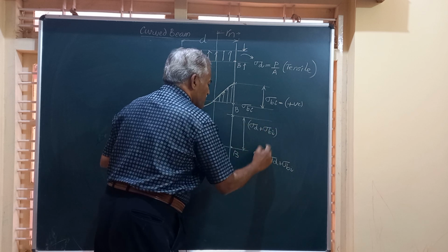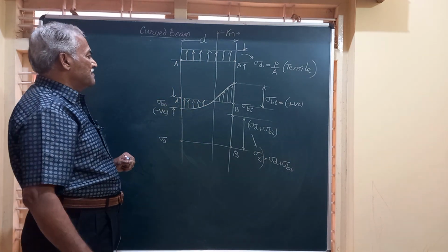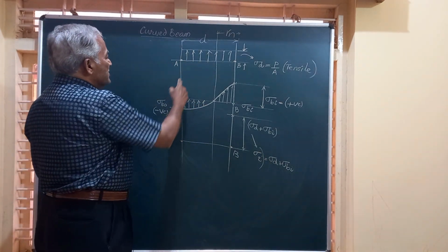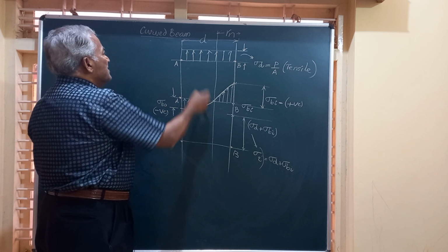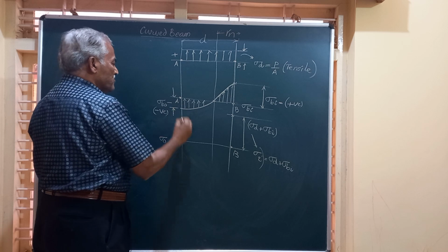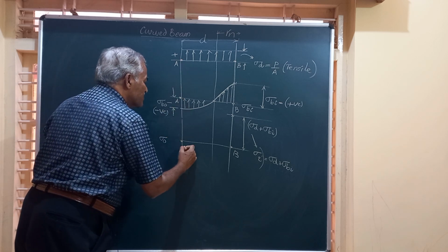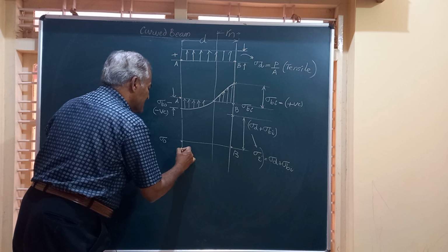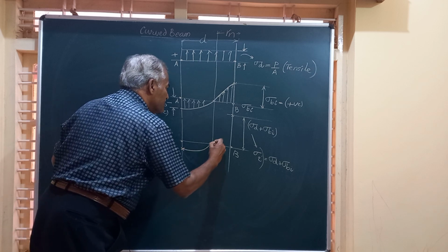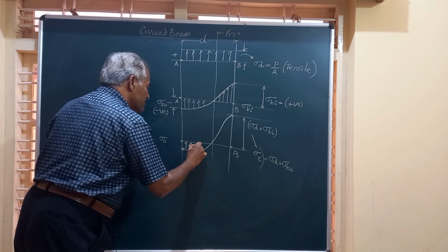That is a positive quantity which is called sigma I at the inner fiber. Friends, at the outer fiber A, this is positive and this is negative. So you are going to have a value difference of these two somewhere here, say. And we are going to join these two by a curve.